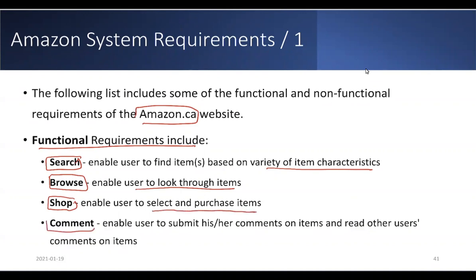And finally, we have the comment options, which enable users to provide feedback on items, and also provides the capability of reading other users' comments on items, so customer reviews. All of these are related to the functionality of what the website will provide. So these are functional requirements.